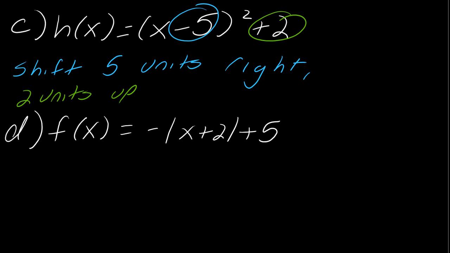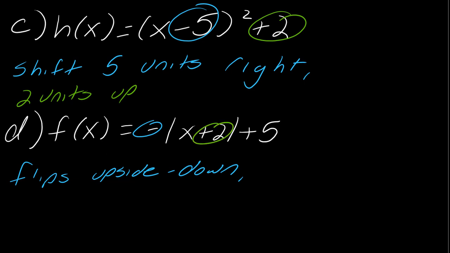Some books are going to say reflections. I like the word flips because that indicates, the way my brain works, I guess. So this means this is going to flip upside down. And then what about the +2?